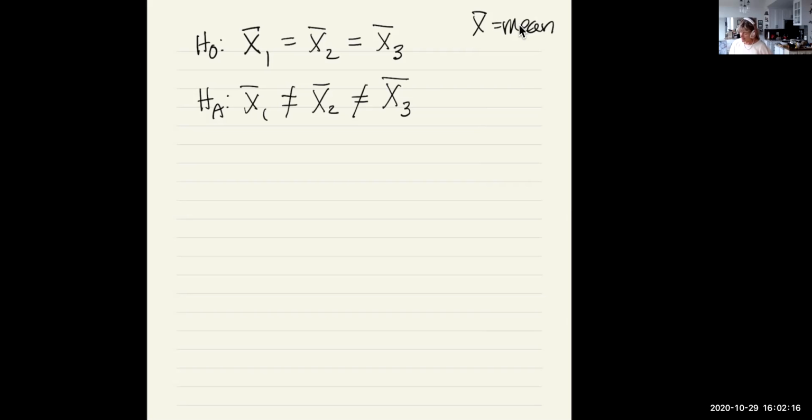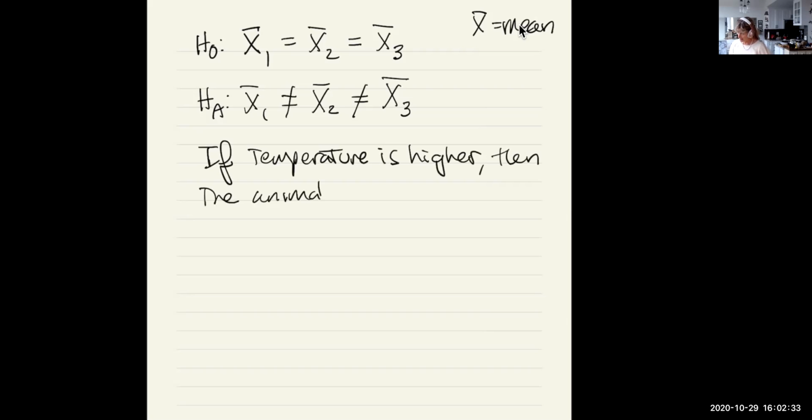And we'll make a prediction that something like, if temperature is higher, then the animals will increase in speed. And then we have to qualify that with a because. So an experimental hypothesis is usually written in the if, then, because format.